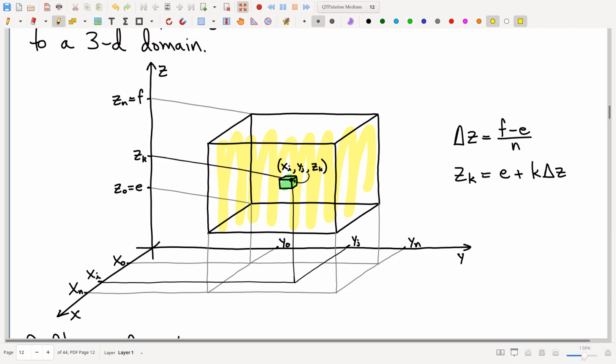Well, mass would be mass per unit volume times volume. Just like with double integrals, we were talking about mass per unit area times area. Just like in single variable integrals, we were talking about mass per unit length times length. It's the same idea, just now 3-dimensional.